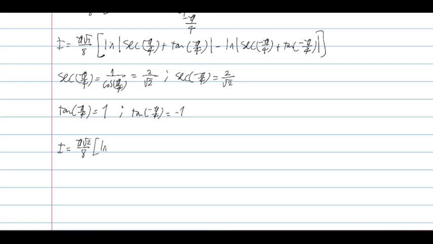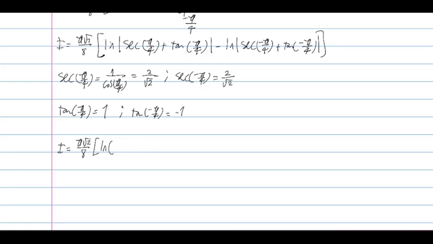Now we have ln, so this is 1 plus 1, okay, so we don't need the absolute value. Oh, I'm sorry, we're wrong here.